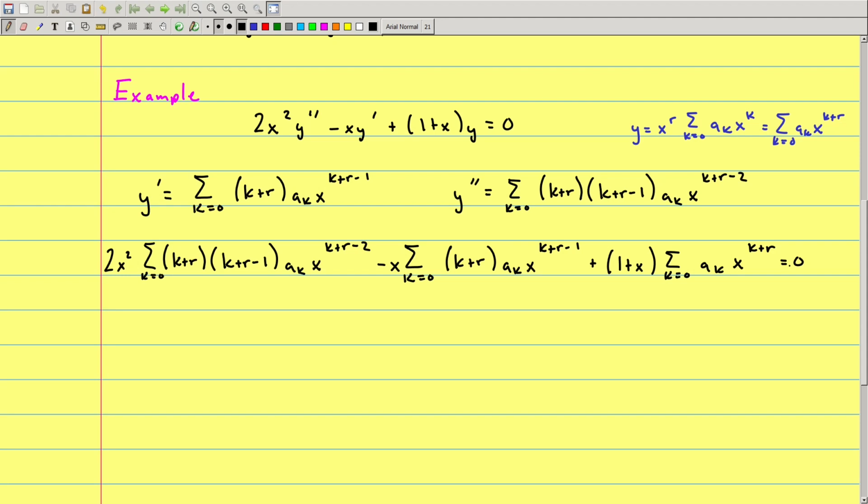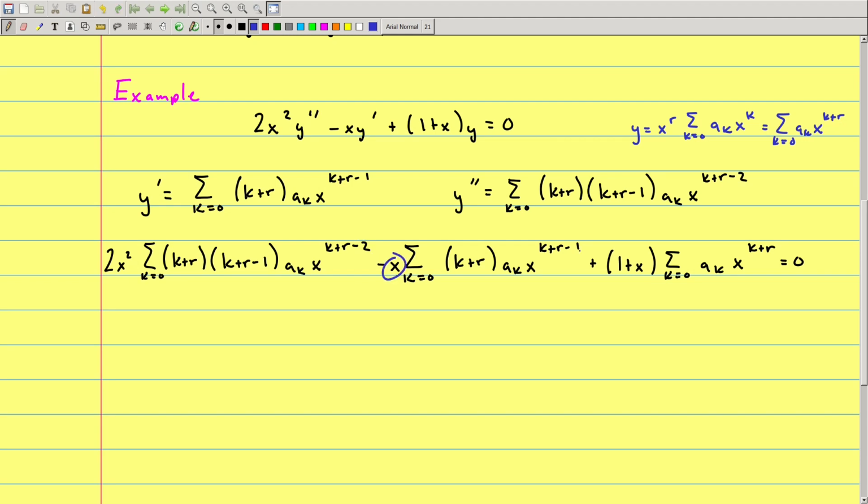All right. So we have this big expression here, and we want to work all of this out so that everything combines together. We're going to add 2 powers of x to this exponent here. So it's just going to be k plus r.